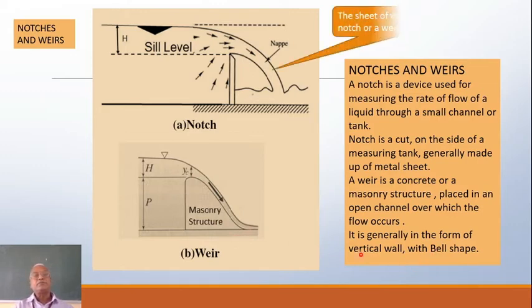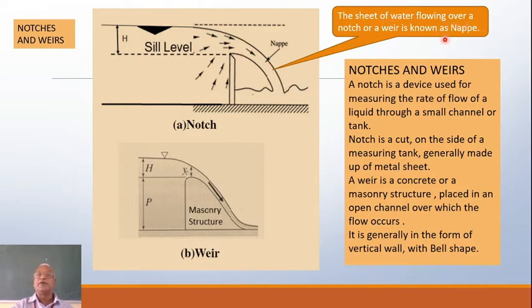Now this sheet of water which goes above the sill is known as nappe. The sheet of water flowing over a notch or a weir is known as nappe. Obviously this is a free nappe, which is not clinging to the notch, whereas in this weir the nappe is touching the structure. So this is called clinging nappe. The nappe is in touch with the weir, that's why it is called clinging, and this is free nappe.